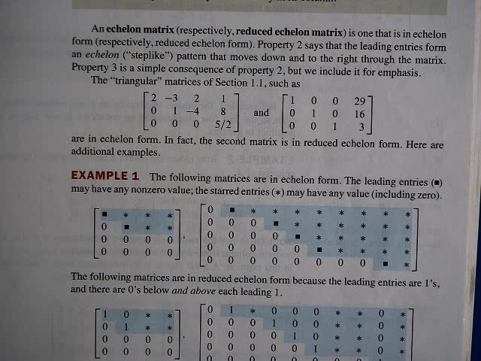In this one, there's no row of all zeros, but if there were, it would be at the bottom. These are called pivots. The leading entries are each to the right of the one above it, and underneath all of these are zeros.